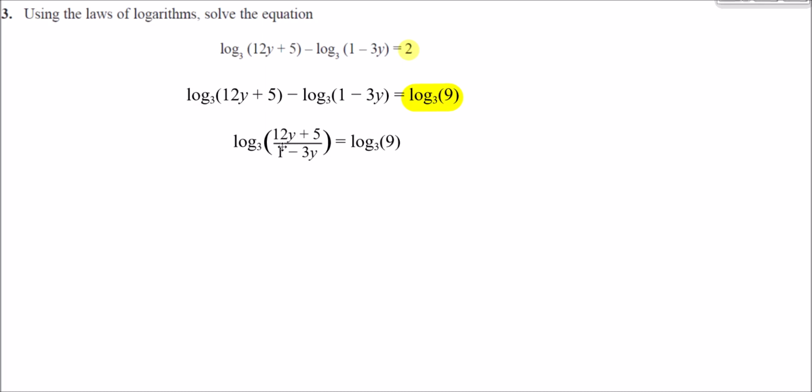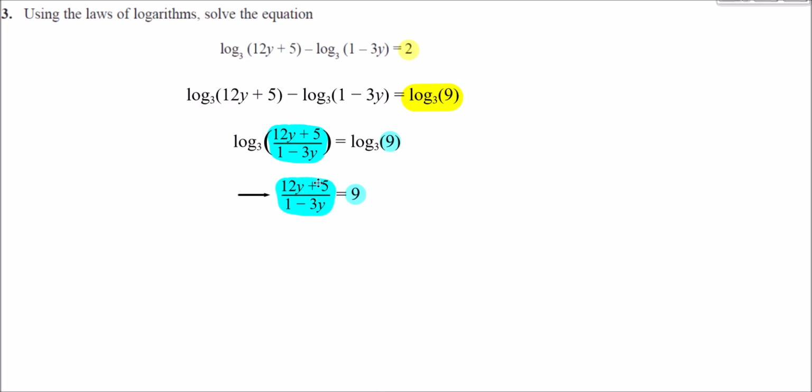So essentially, all we can say here is this thing in the brackets must equal 9. So now we can go from a log equation to something which is much simpler, after manipulating it using the laws of logs.